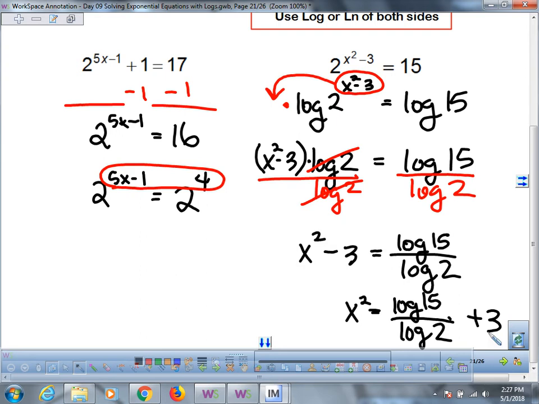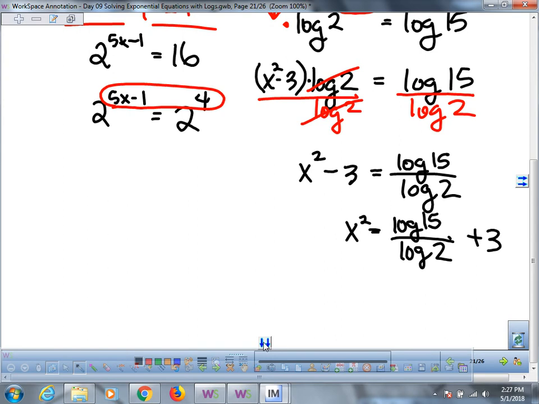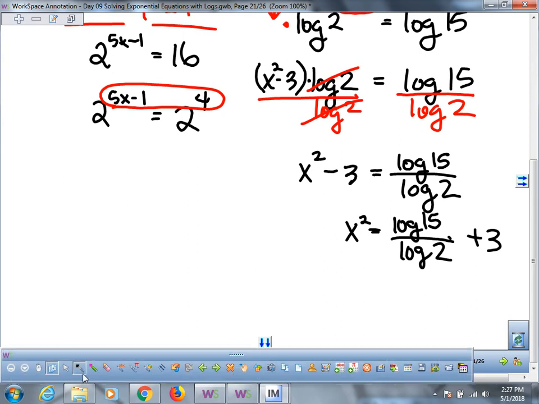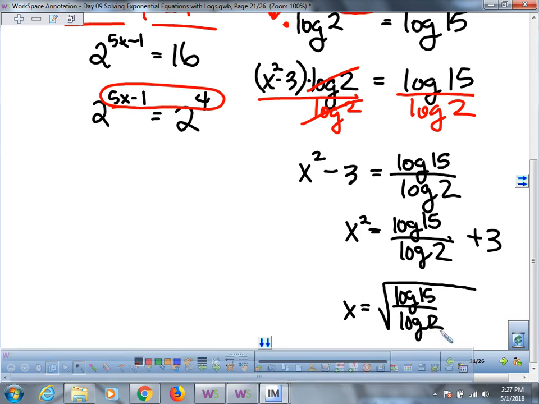Square root the whole thing. So now I would have x equals the square root of log 15 divided by log 2 plus 3. But was it all that difficult? It's not really difficult. It's just different.